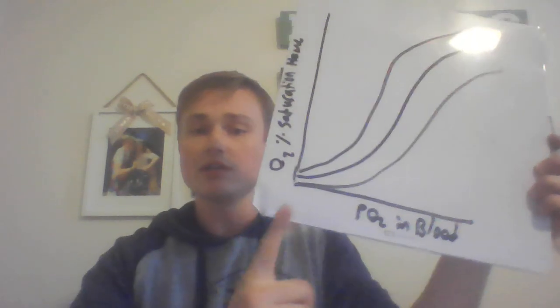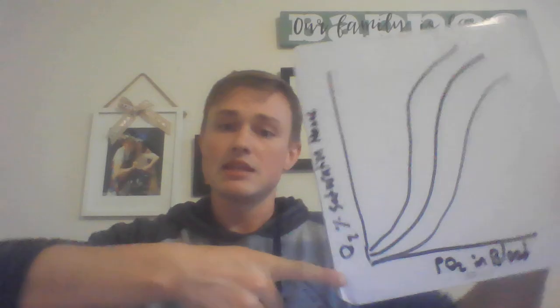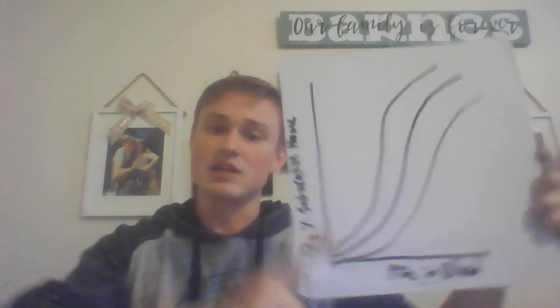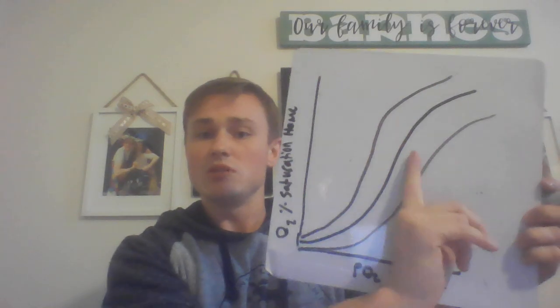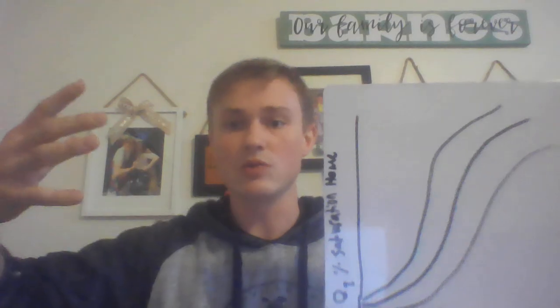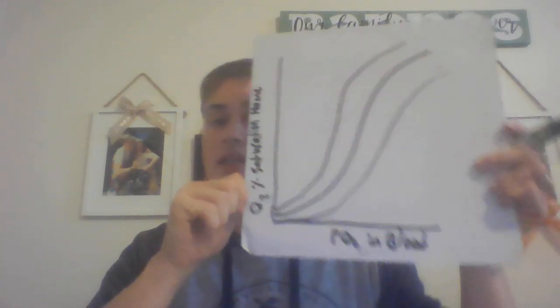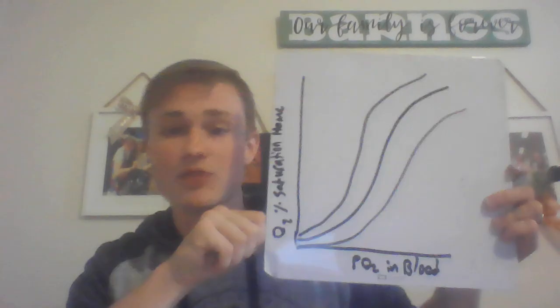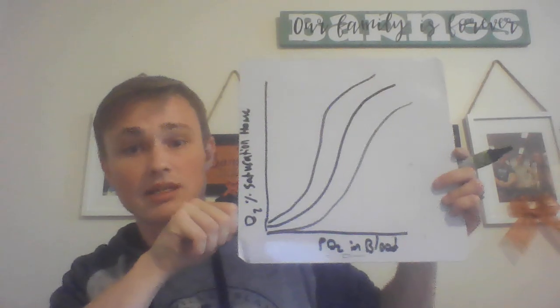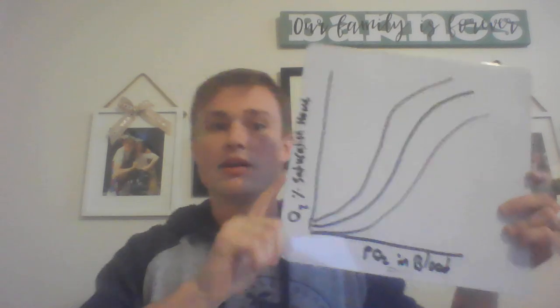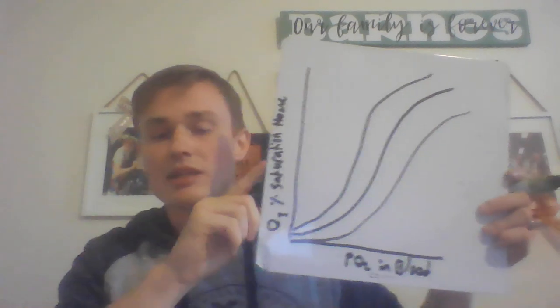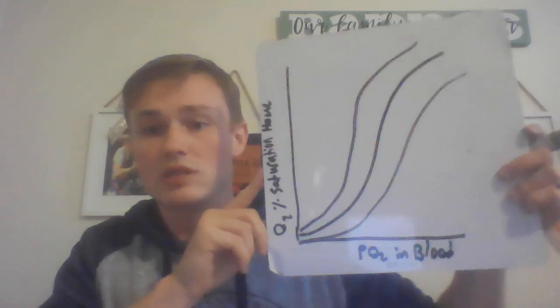As we're going along here, it takes more pressure to get the same percentage of saturation within our hemoglobins. So we're having to do more work in order to get the same amount of oxygen that we need. It also indicates a higher temperature, so if you're experiencing heat stroke, this could happen. And like we already mentioned, it is a cause of acidosis.